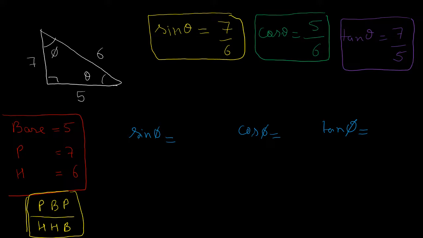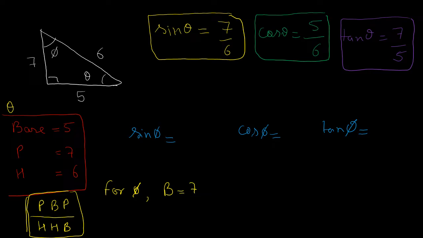Now since we changed the angle, these parameters will also change. Now for the angle phi, these were for angle theta, and for angle phi the base, so now phi is on this line, so my base will be 7.